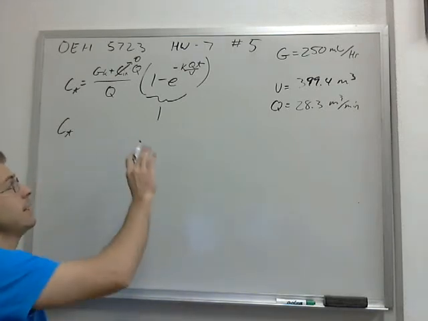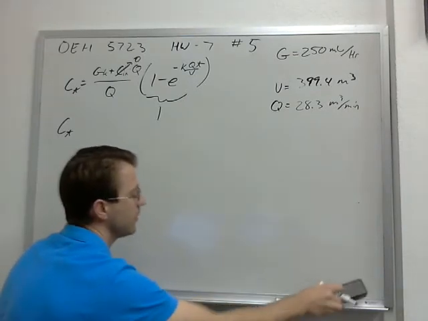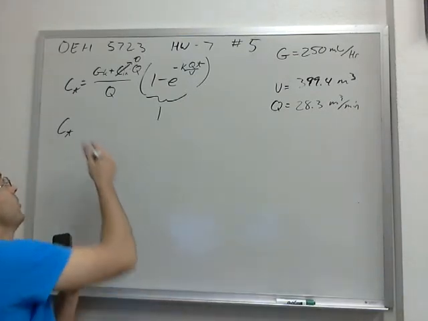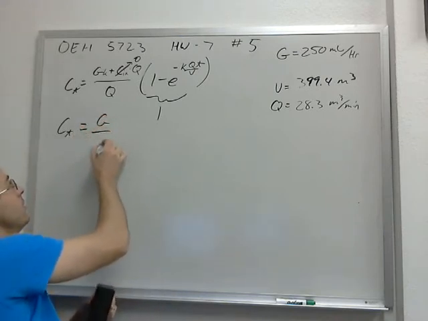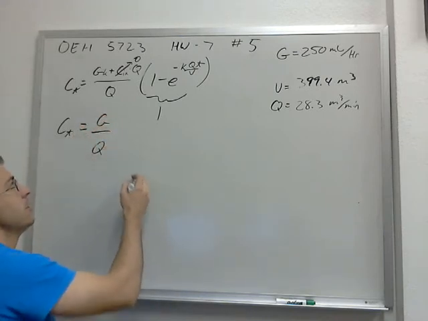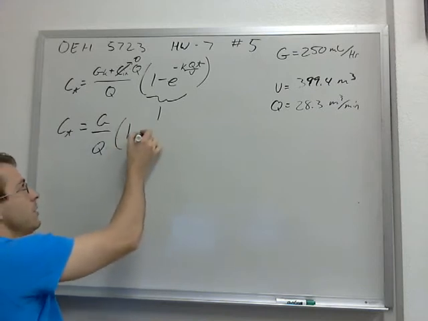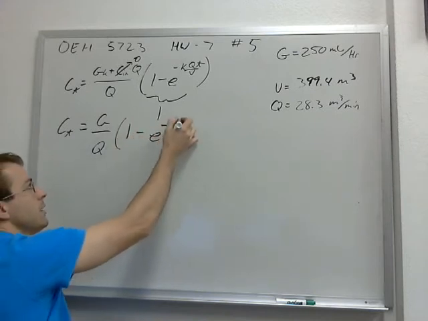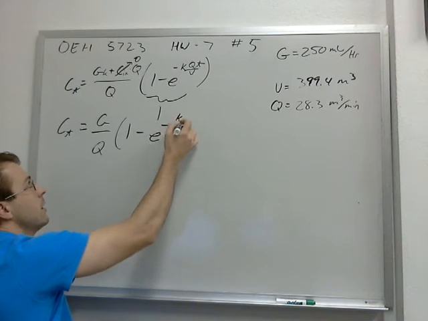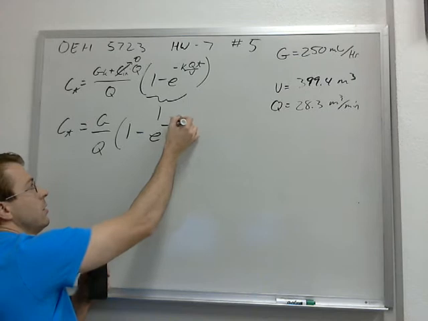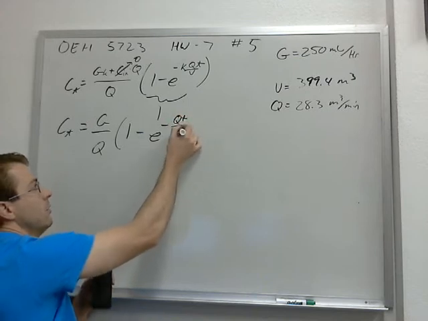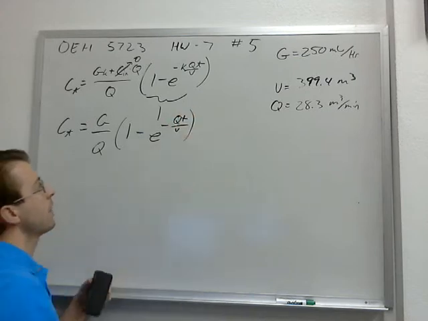But in this case, we're simplifying it so that the mixing factor is just 1. So we have a generation rate divided by a ventilation rate, multiplied by 1, times e to the minus k, which is 1, Q t over V.